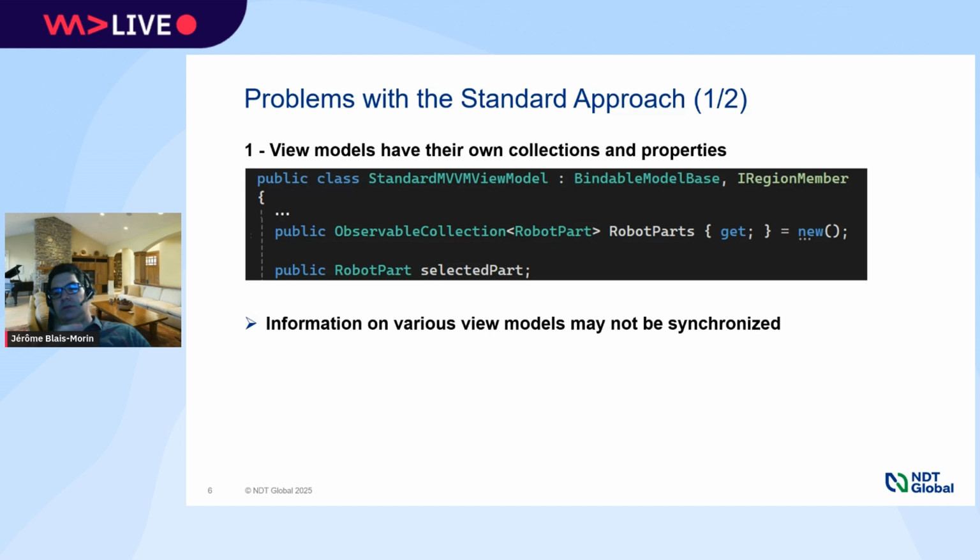With this approach, the information could be not synchronized, because every view model has its own set of properties, its own collection of selected parts, and some other information, maybe value types. So if you change it in one view model, it does not necessarily change in the other view model. So information between screens, between view models, can be not synchronized, or at least you need to make sure to put all the necessary code to synchronize it. So that's one problem.